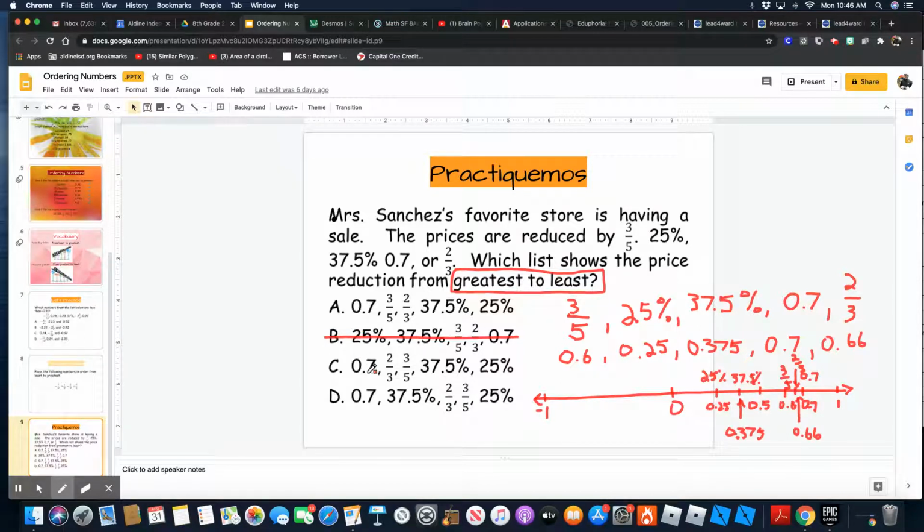So I'm down to A, C, or D. So my next number from greatest to least would be 0.66 or 2/3. So I need my answer choice to have 2/3 after 0.7. Well, let's see. Does this one have 2/3 after 0.7? Nope. So it can't be A. C does. And D does.